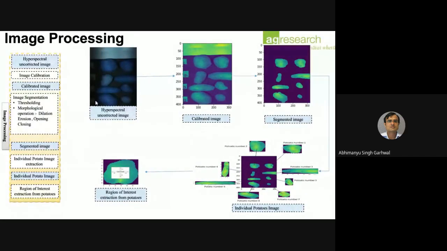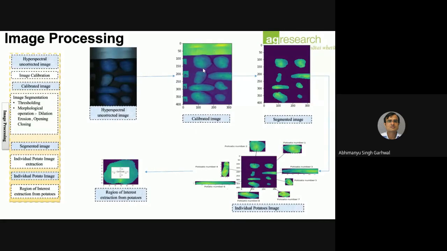So for the image processing part, this is the hyperspectral uncorrected image, because when we capture the reflectance, actually we are capturing the radiance. So we have to use the dark and white reference to get the calibrated image. You can see the difference after the calibration.